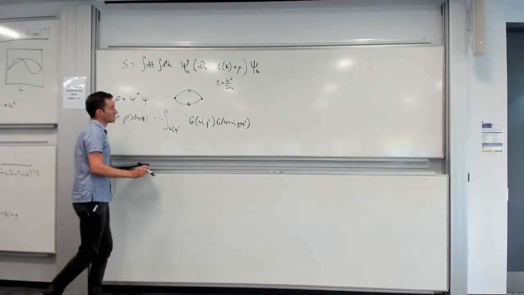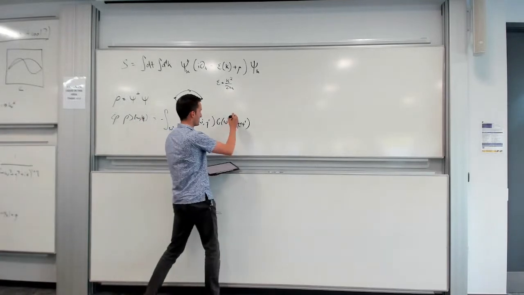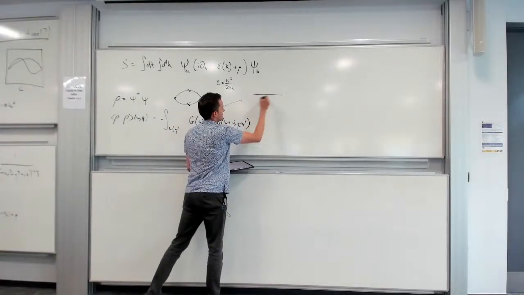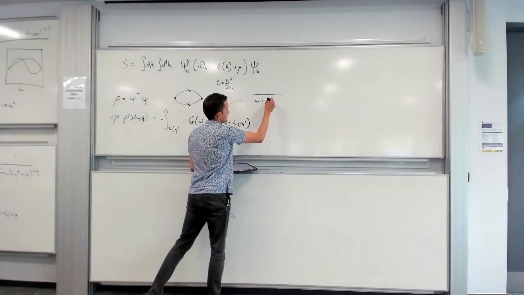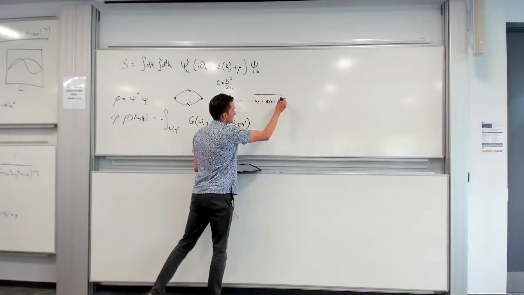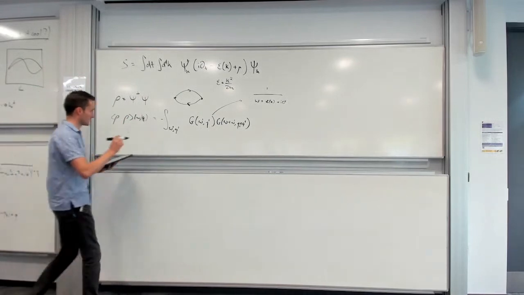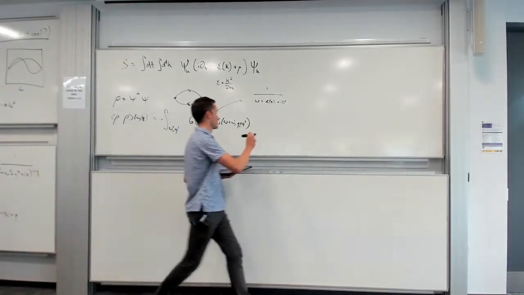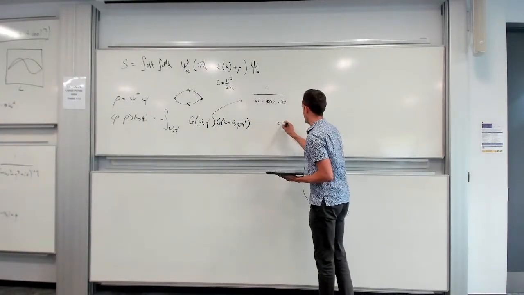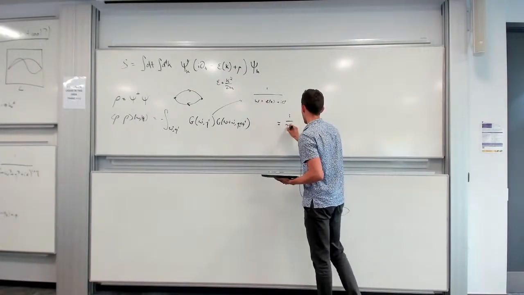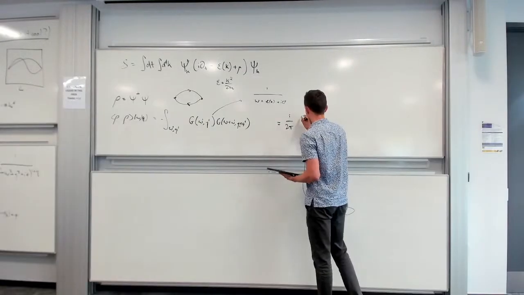But if you compute these, where these propagators are given by this, and there's an important i epsilon prescription over here, it's not too difficult a calculation. At low energies, what you find is the following.